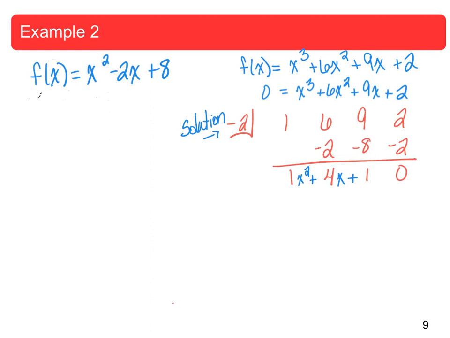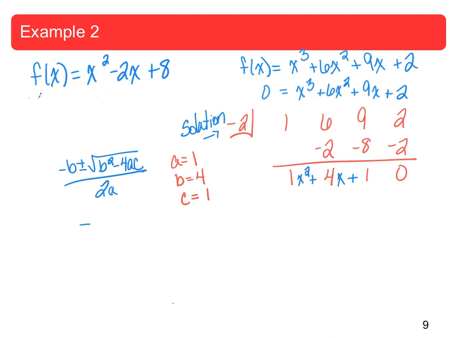So I've got negative b plus or minus the square root of b squared minus 4ac, over 2a. That will be given to you on Thursday. So my a value is positive 1, my b value is positive 4, and my c value is positive 1.